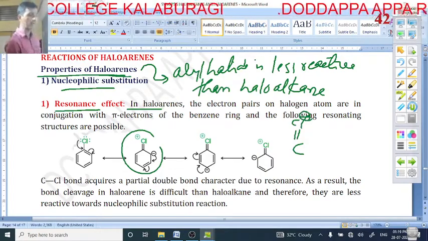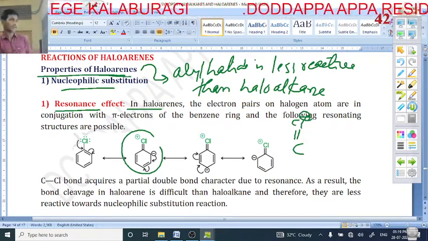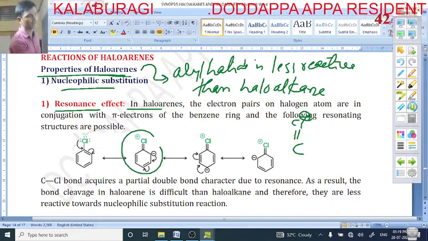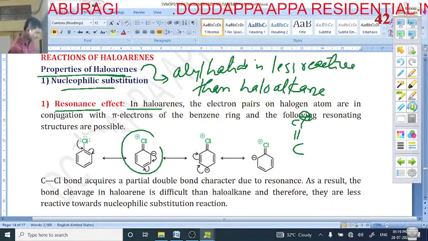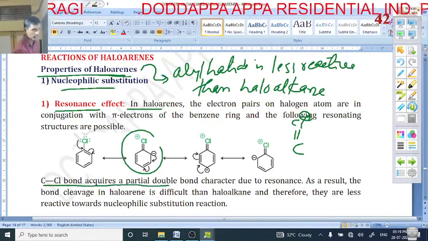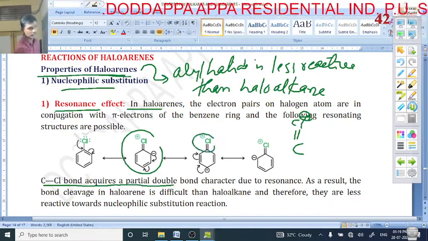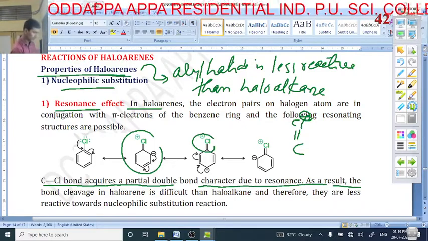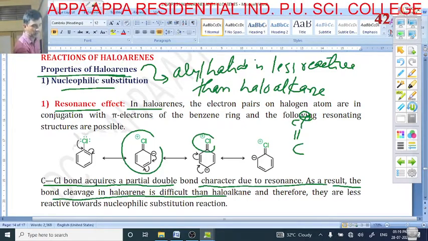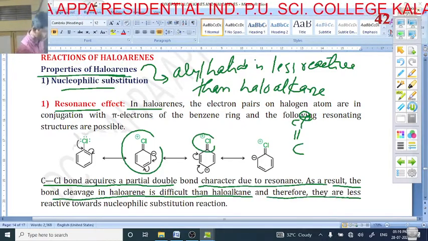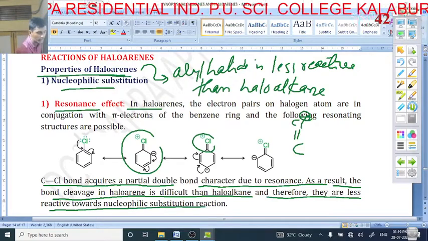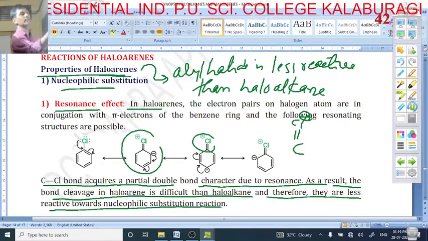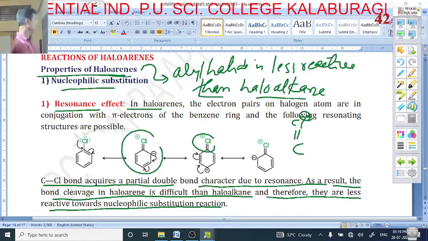This double bond requires more energy to break, so aryl halides are less reactive. The C-Cl bond acquires partial double bond character due to resonance. So bond cleavage in haloarene is more difficult than in haloalkane. Therefore, they are less reactive towards nucleophilic substitution.